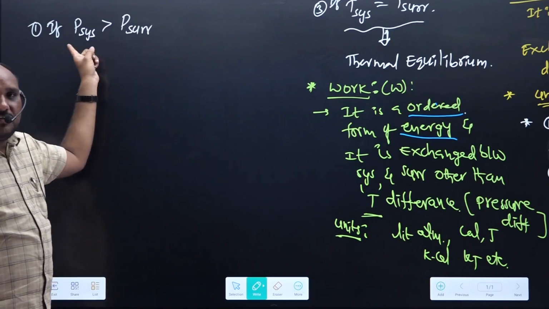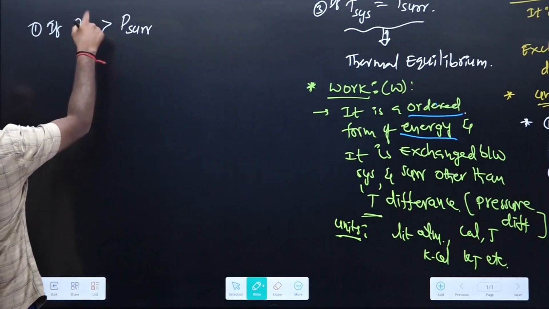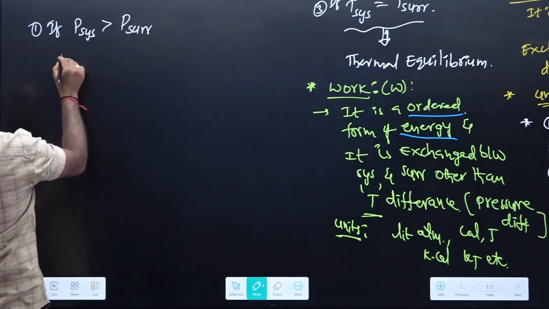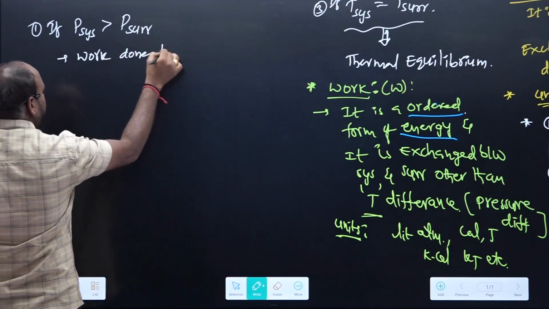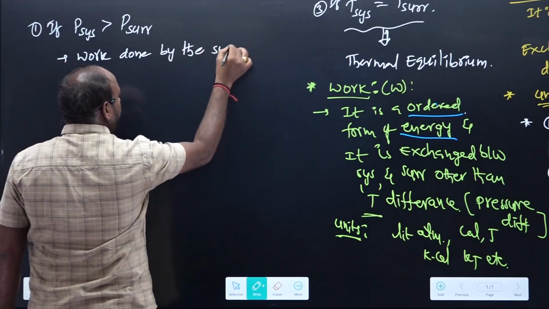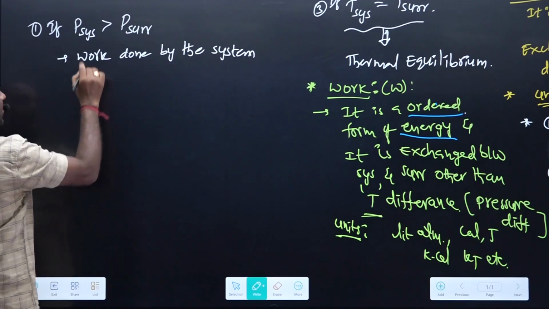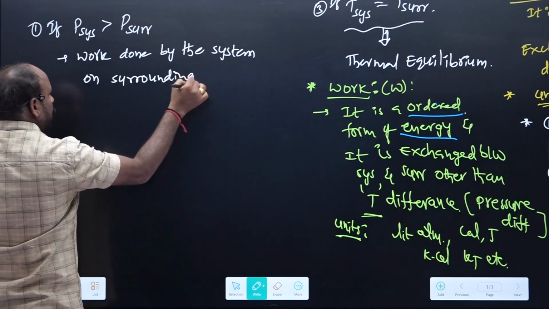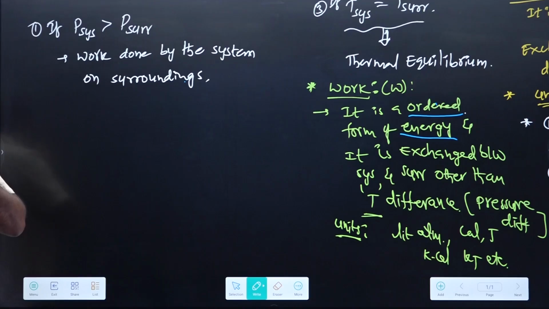So who is doing work? The system is doing work. Therefore, when the pressure of the system is more compared to the surroundings, there is work done by the system on the surroundings.